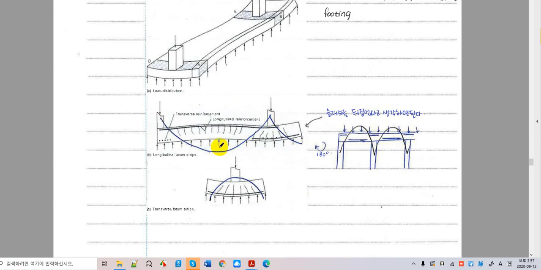Negative for a foundation should be positive for slabs, right? So positive becomes negative, negative becomes positive, and so forth. This is the reversed diagram for a foundation, but they are the same diagrams, right?